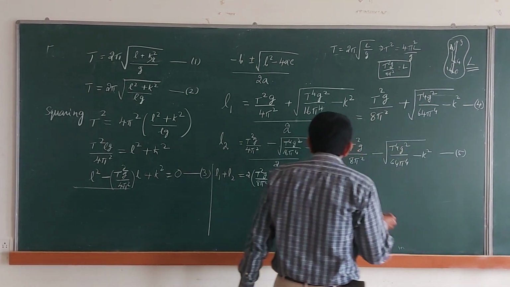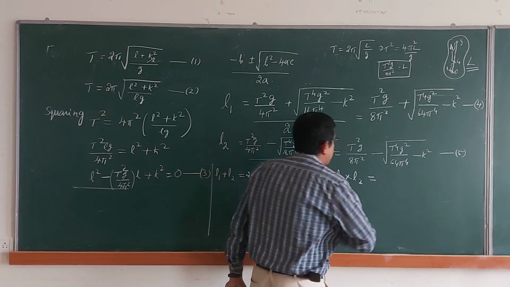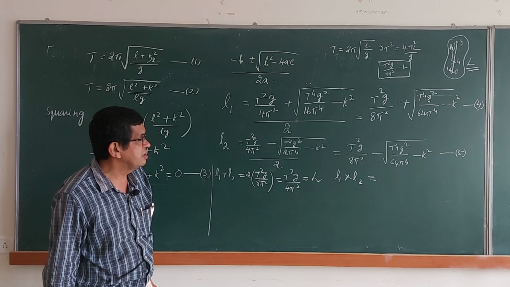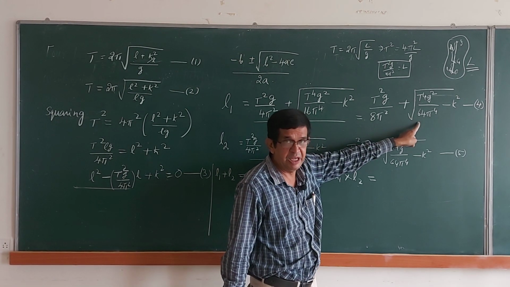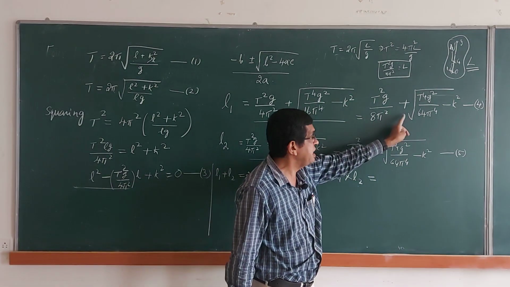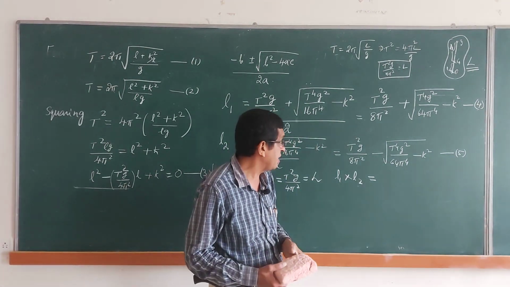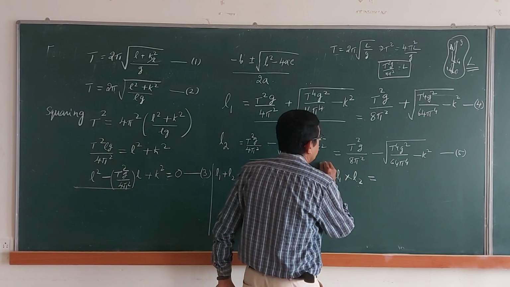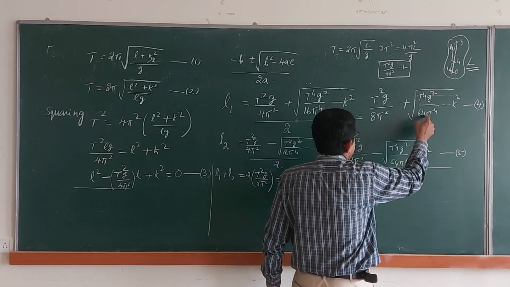And then we consider another one. Let us write L1 into L2. What is the value of L1 into L2? This can be written in the form A plus B, and this is of the form A minus B. A plus B into A minus B is equal to A square minus B square. Therefore, when you do L1 into L2, this is A square minus B square.